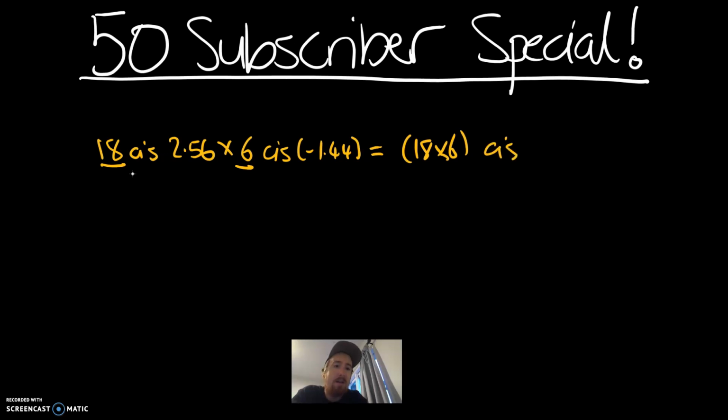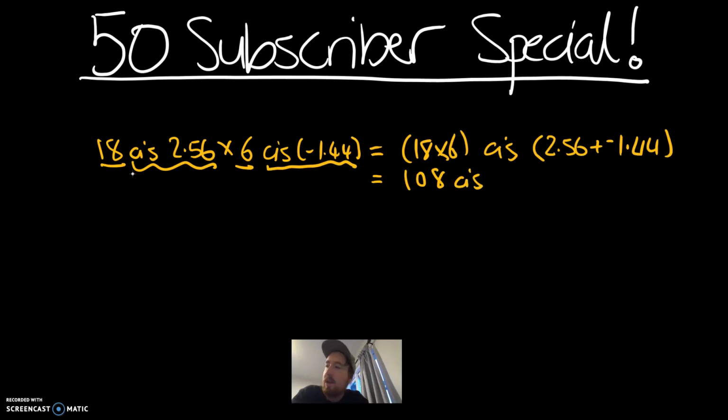And because we are multiplying these two functions, we have to add together the numbers that sit by the cis. So we have to add together the negative 1.44 and the positive 2.56, and that would come to 108 cis 1.12. So that would be the product of those two.